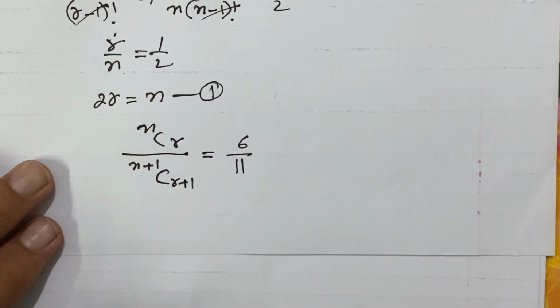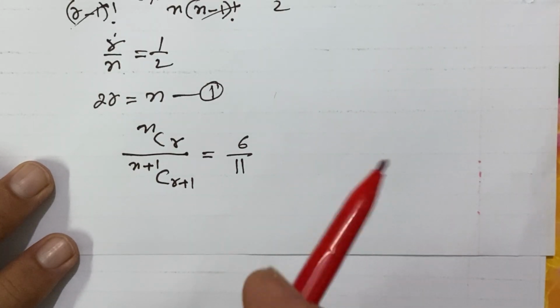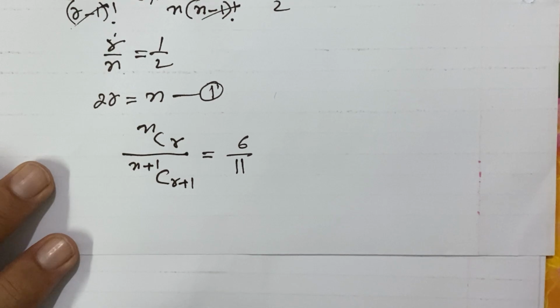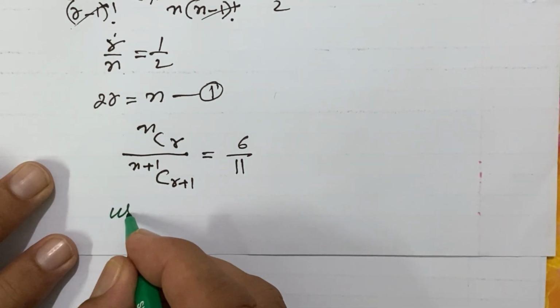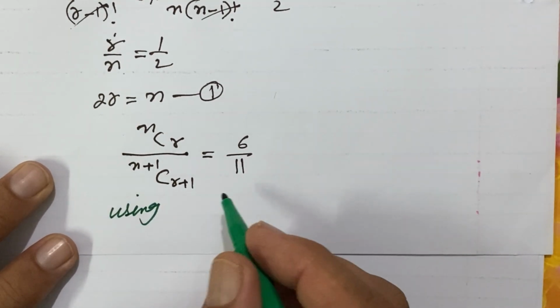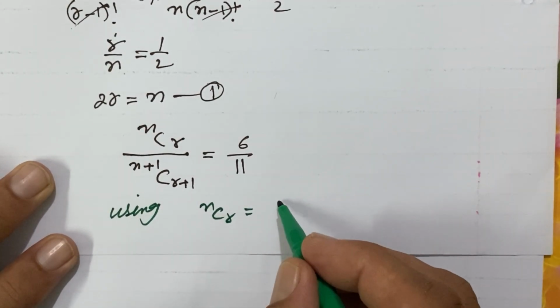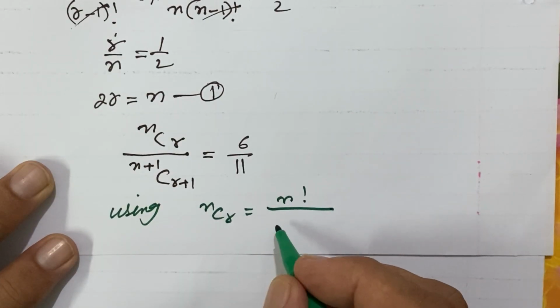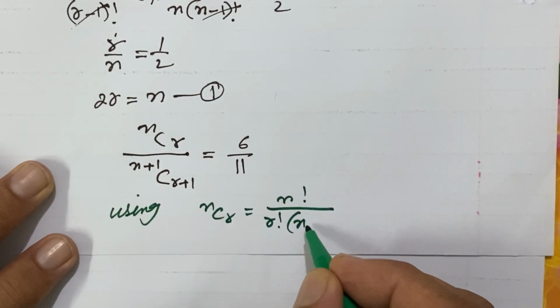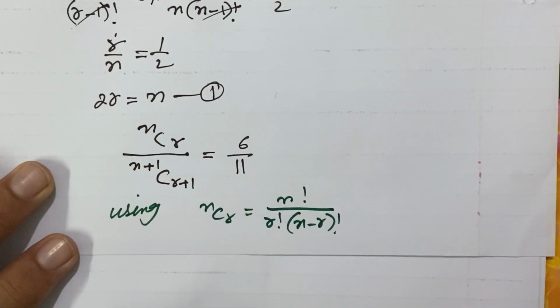Now we use nCr is equal to n factorial over r factorial (n minus r) factorial.